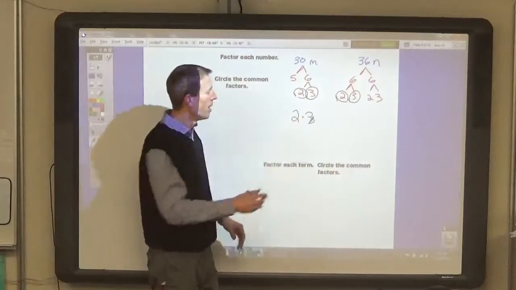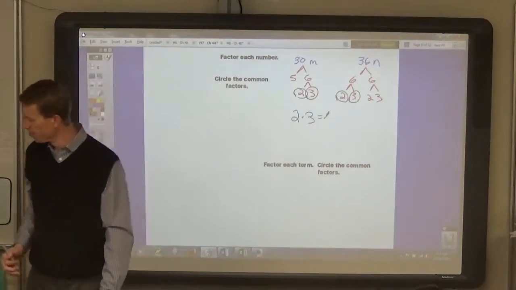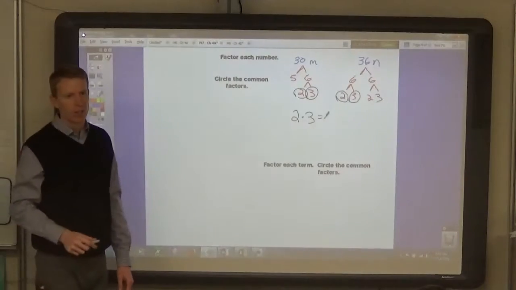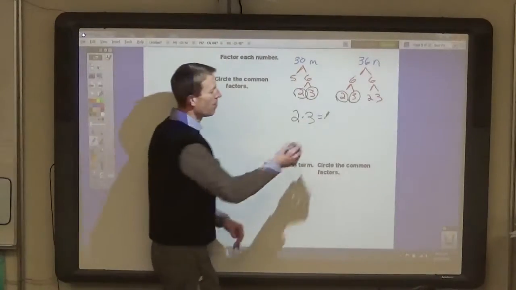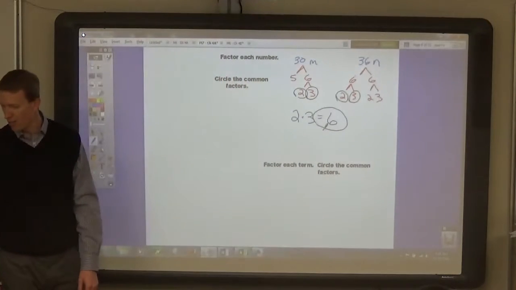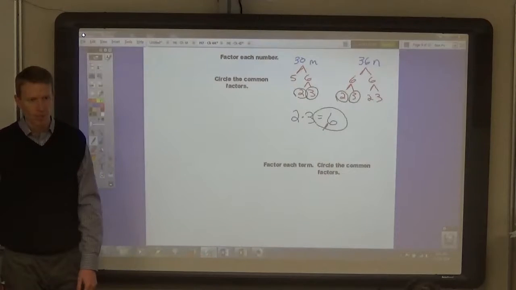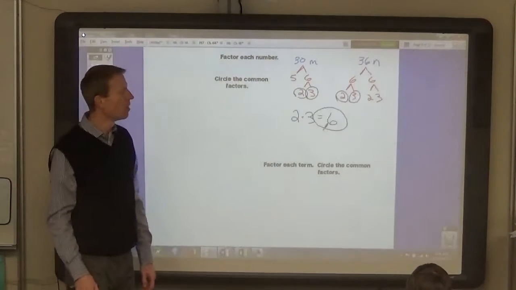Nope. So they are not part of the greatest common factor. It's just 6. So number 7 on the practice side is 6. 6 goes into both of those numbers.